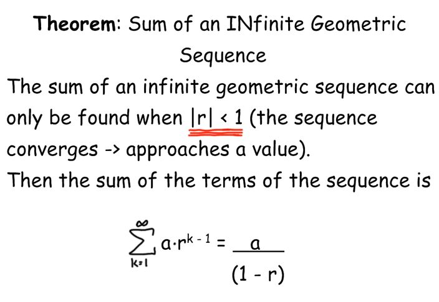To diverge means that you're not headed towards one specific point. You're headed off in another direction. Okay, but when the absolute value of r is less than 1, we say that it converges. If something converges, then it's approaching a specific point or a specific value. Or to converge means to come together.